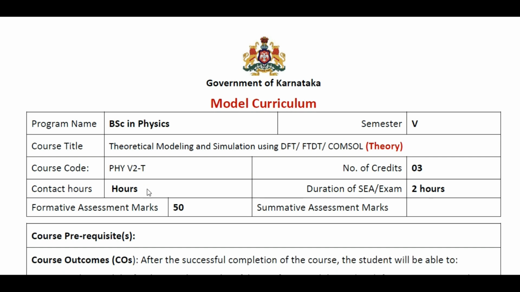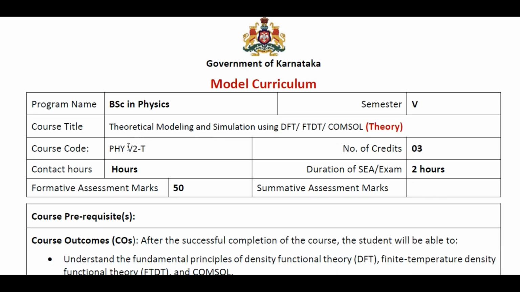Another vocational paper: you can choose any one vocational paper. There is an option given, so among the 3 to 4 vocational papers given as per the university syllabus, the university can give 3 or 4 papers as vocational papers. You can choose any one paper from those.